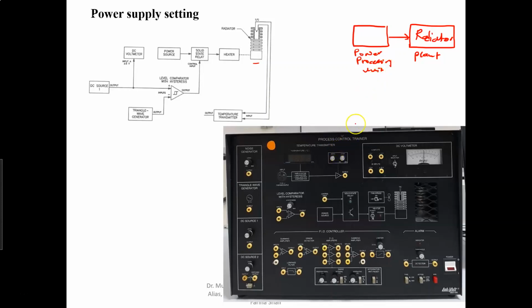In this trainer, our power processing unit is a solid state relay module here, and we have the supply. So this is the supply or input to our plant, and this is the open loop configuration of this temperature control system.